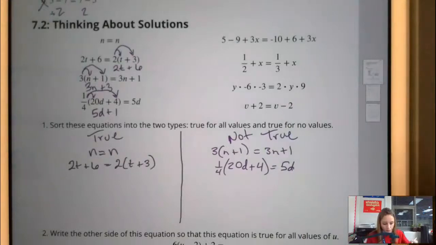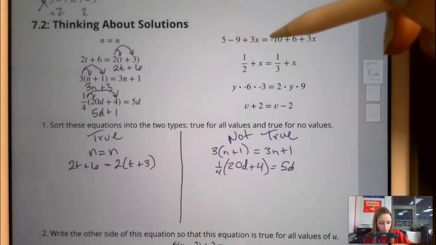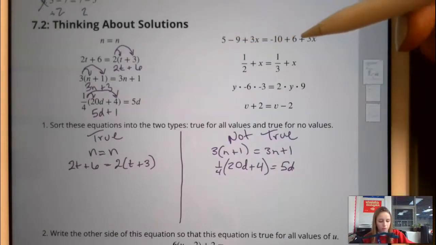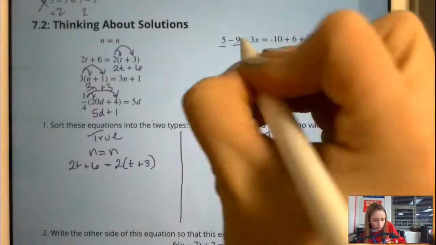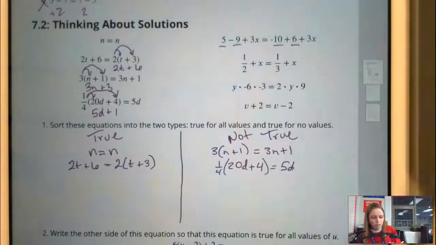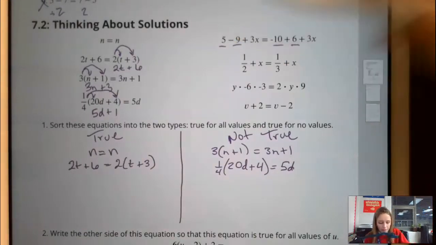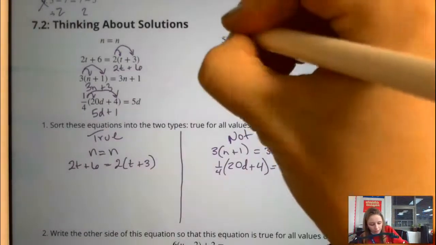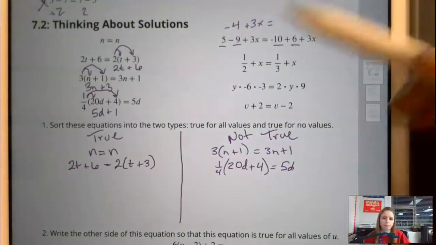Alright, now let's look up here. So we have 5 minus 9 plus 3x equals negative 10 plus 6 plus 3x. So what we need to do first here is let's simplify by combining like terms. So right here I have two numbers on both sides that do not have a variable next to it. So that means I can combine those. So 5 minus 9 would give me a negative 4 plus 3x on the left.